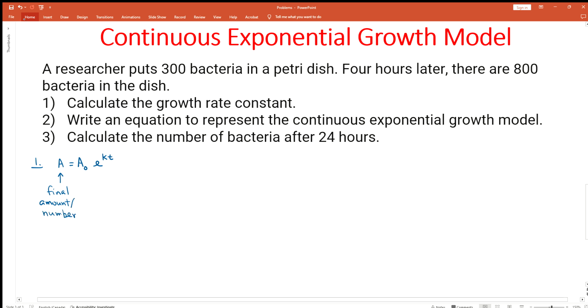A naught represents the initial amount or number. E is Euler's number. It's a constant. K is growth rate constant.